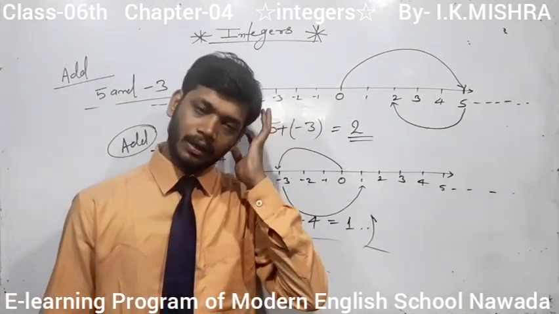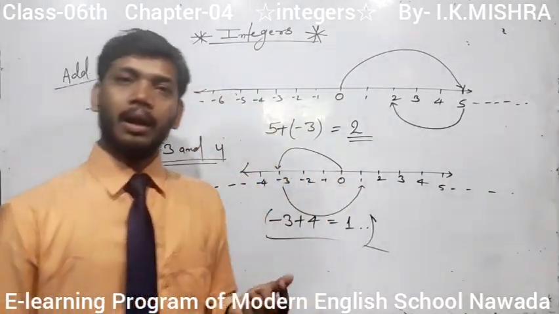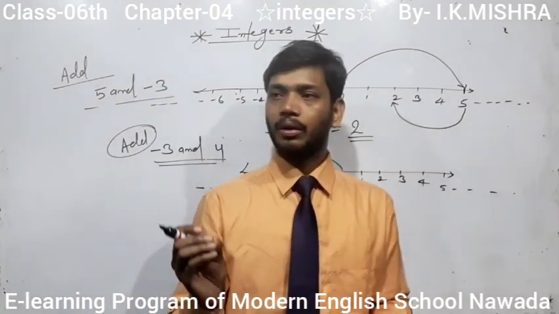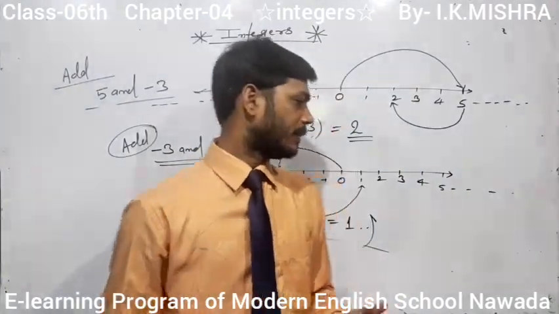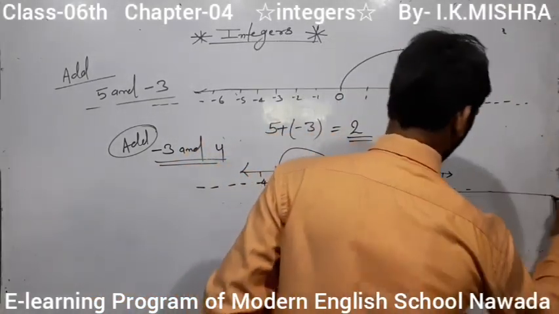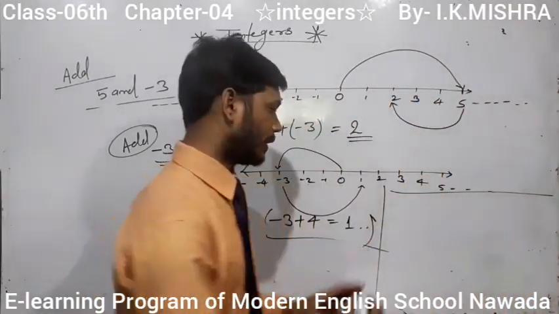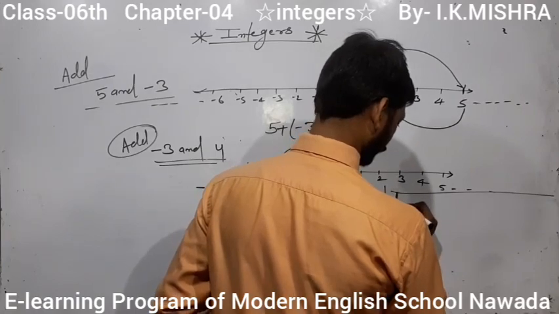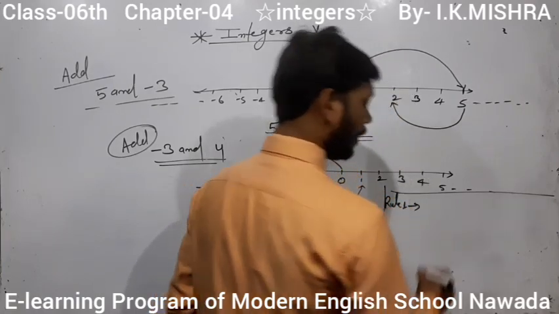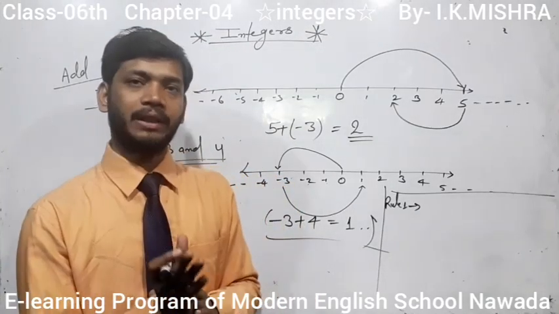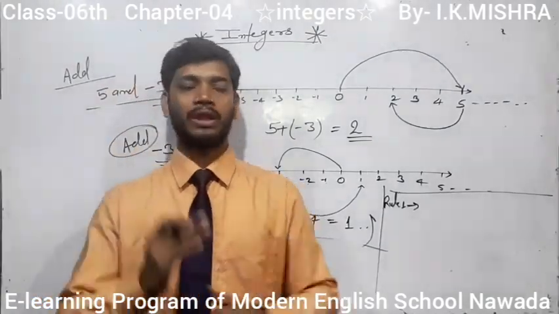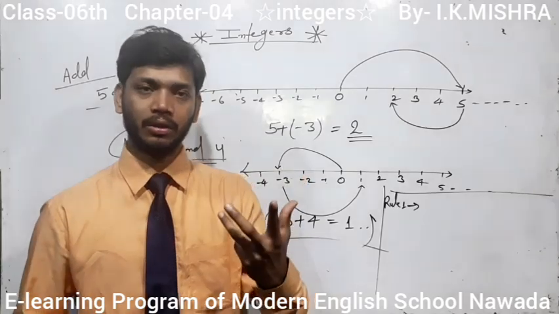Now students, we will study the addition rule for two integers. Rule first: suppose you have to add two integers of the same type. Same type of integers means two positive integers or two negative integers.